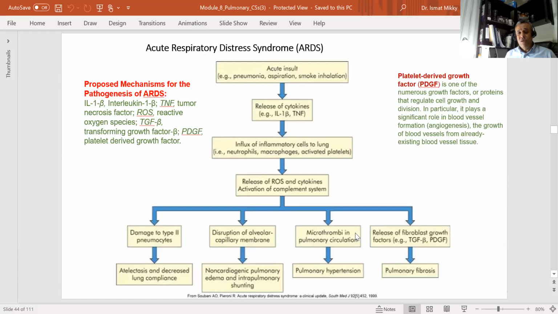Acute respiratory distress syndrome, the ARDS, is mostly due to the injury to the pulmonary capillary endothelium, or due to the surfactant inactivation. For example, newborns who are premature don't have enough surfactant substance that will increase the surface area at the alveoli.